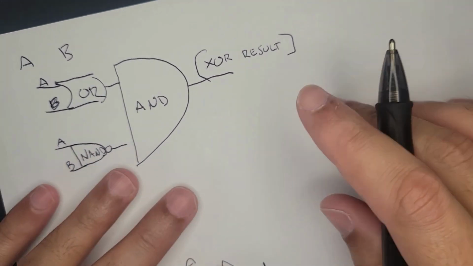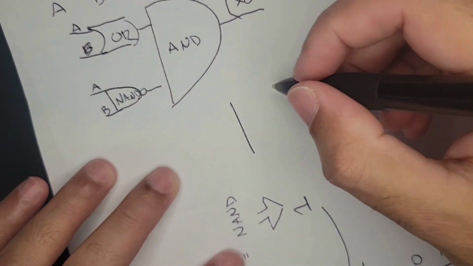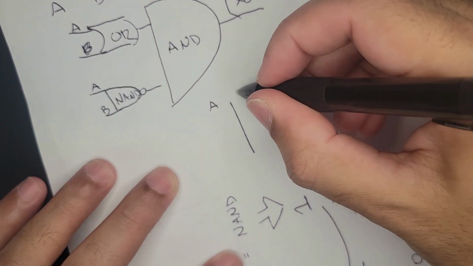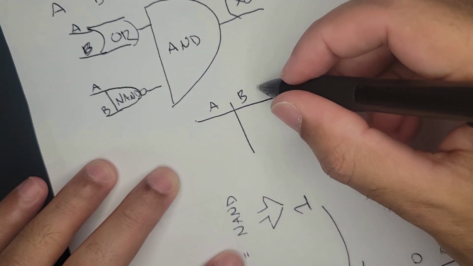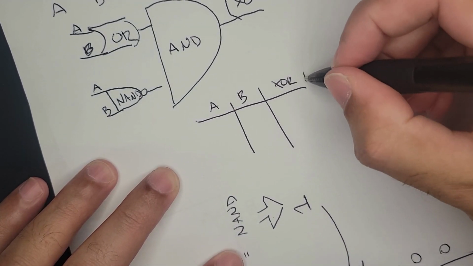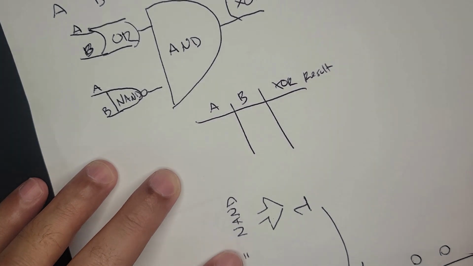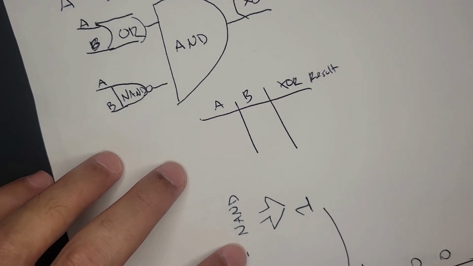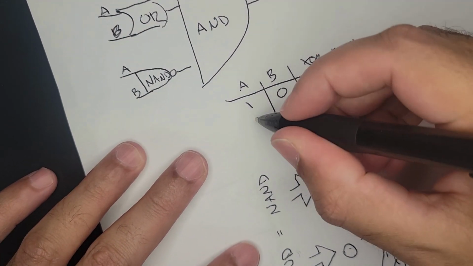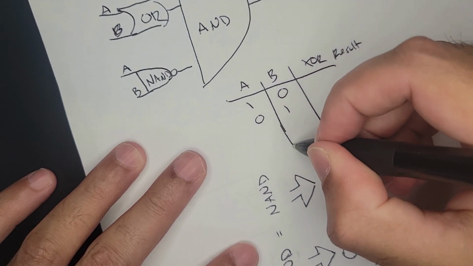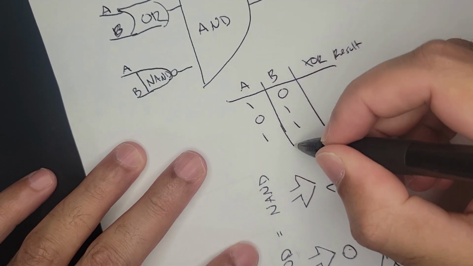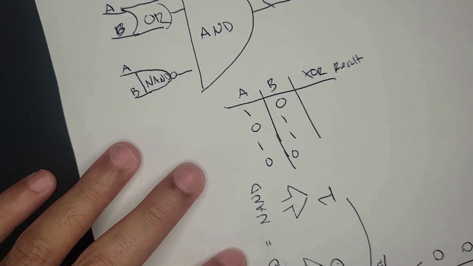So if we do our samples, A and B and our XOR result, then 1 and 0, 0 and 1, 1 and 1, and 0 and 0. So let's run through this.